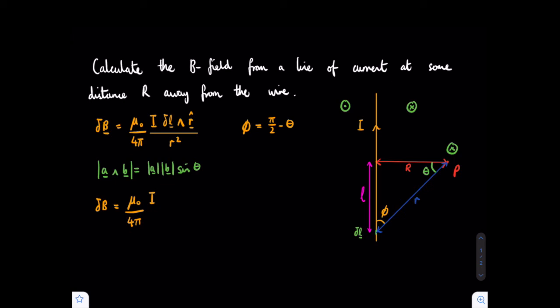I times delta L, and then the magnitude of r hat by definition is 1, so we'll ignore that. And then sine of pi over 2 minus theta over r squared. So here we realize that this can be written as cos theta.